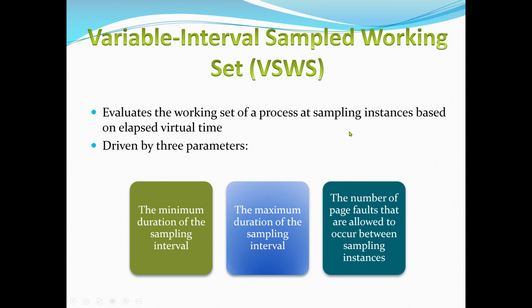At the beginning of a sampling interval, the use bits of all the resident pages for the process are reset. And at the end, only the pages that have been referenced during the interval will have their use bit set. These pages are retained in the resident set of the process throughout the next interval, while the others are discarded.